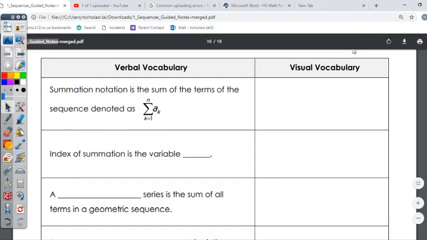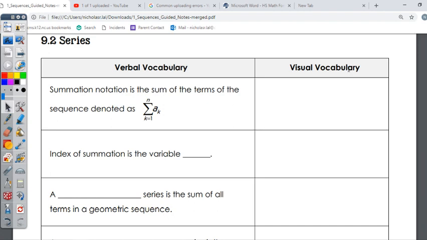All right. So now we're focusing on series, and a series is a way to add up the terms in a sequence. Summation notation, which is what this symbol is, is the sum of a term of the sequence.